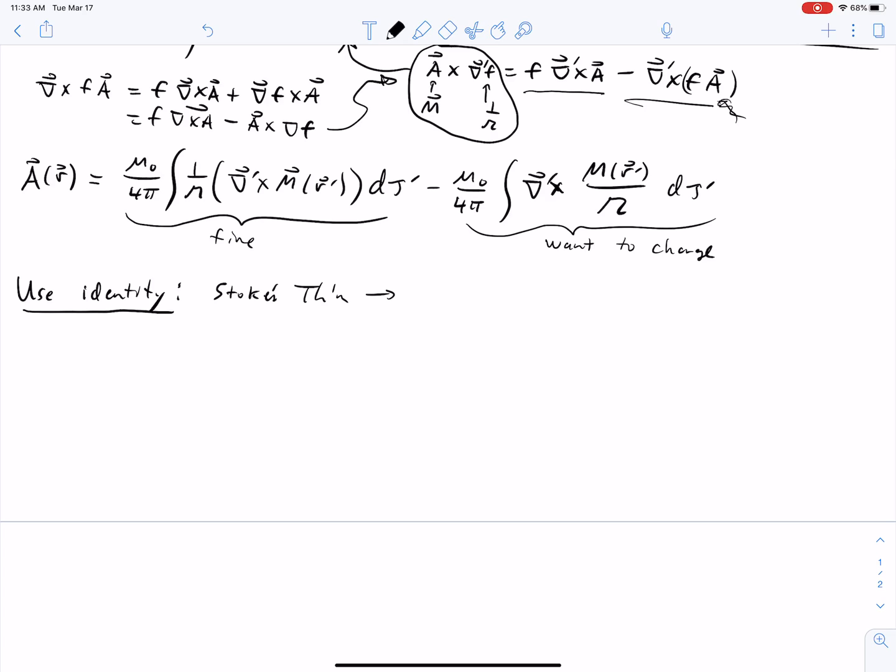Stokes' theorem, you all know, says that if I have the curl of a vector field, and I integrate that over some area, a membrane, like the flux of that curl, then that is equal to the line integral of that vector field around the edge.